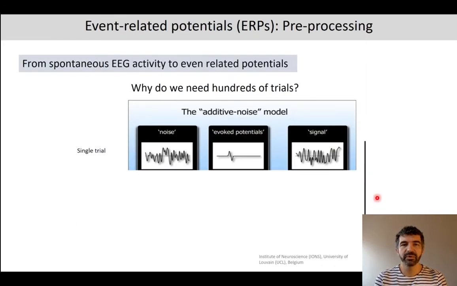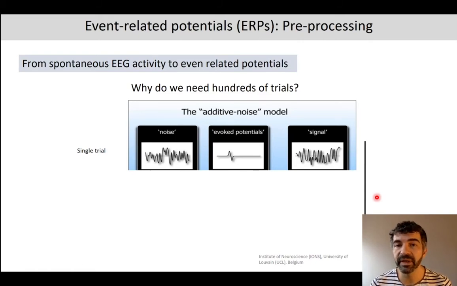And why is it so important to have many trials? So in EEG experiments, other than just behavioral experiments, we need many more trials. Sometimes it depends a little bit on the ERP component of interest, but we might need up to 200 trials per condition, per cell in our experimental design, because of the properties of that ERP component.